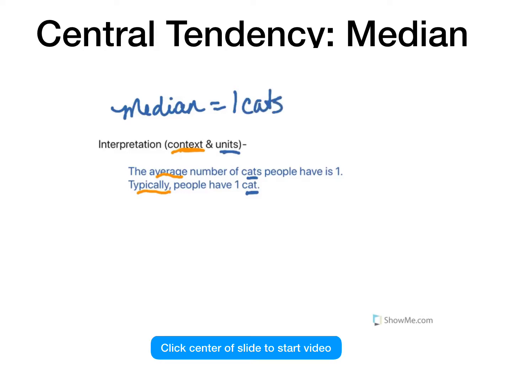And the units, in this case, again, are cats. So the average number of cats people have is 1. Typically, people have 1 cat. That should look a lot like the same sentences I wrote about the mean, because they're both measures of central tendency.